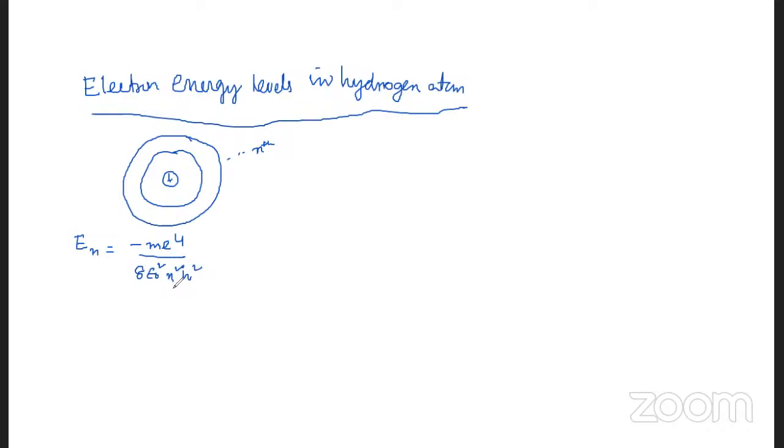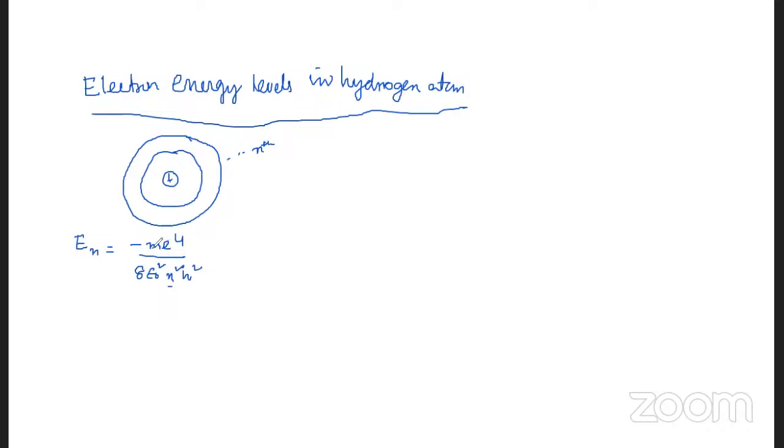If it is the first orbital, we substitute n equals 1; if it is the second orbital, n equals 2, like that. It depends on the orbit.